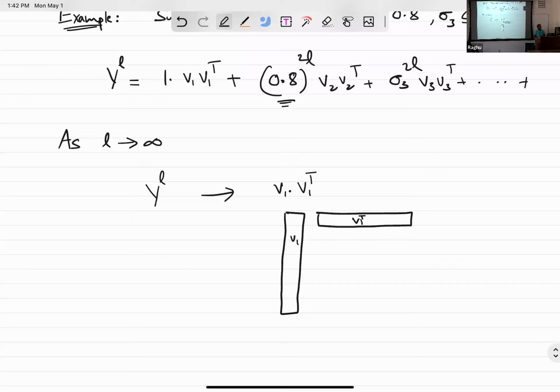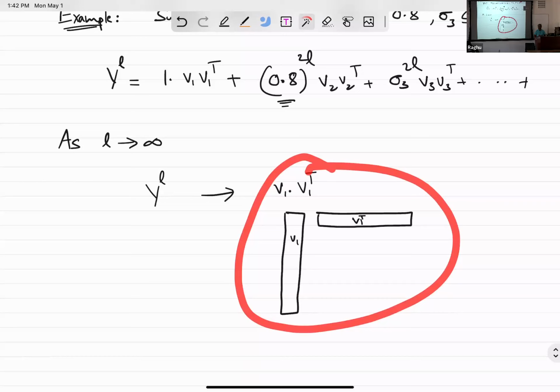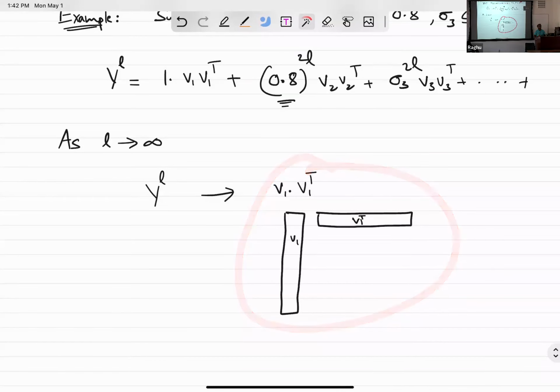And the good thing now is that it's a rank 1 matrix, V1 V1 transpose. If I give you this matrix, how can you read out V1? Any suggestions? How can I read out V1 given V1 V1 transpose? Right, but then you might miss the sign.